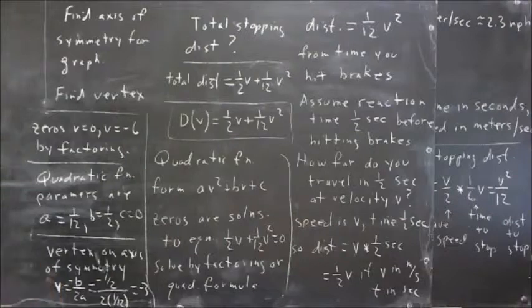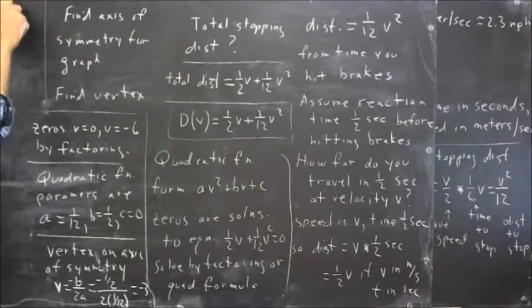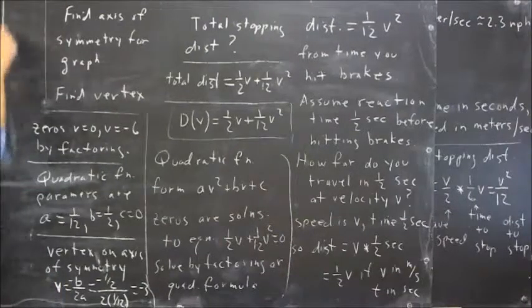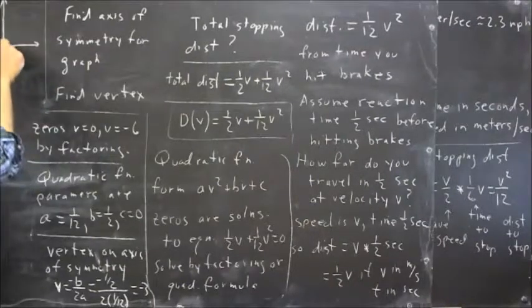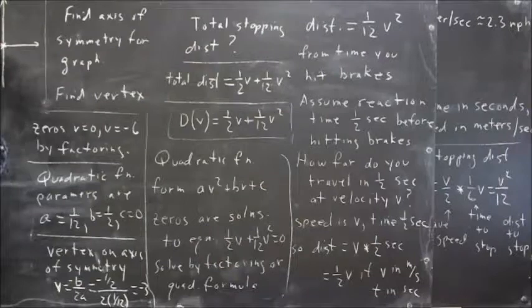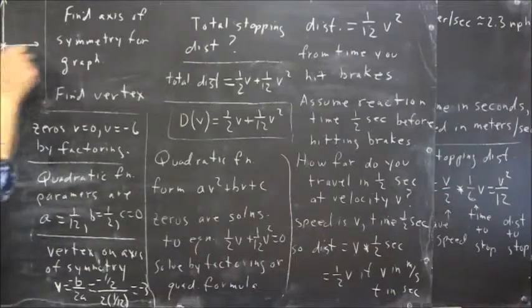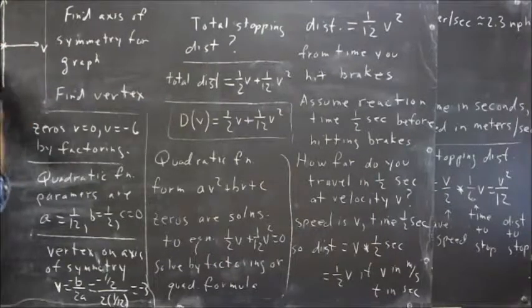So if we want to graph the function, it's going to have a 0 here, it's going to have a 0 at -6 on the v-axis. Axis of symmetry is here.